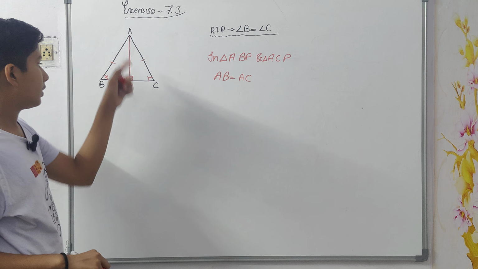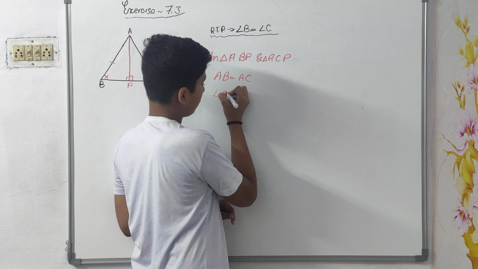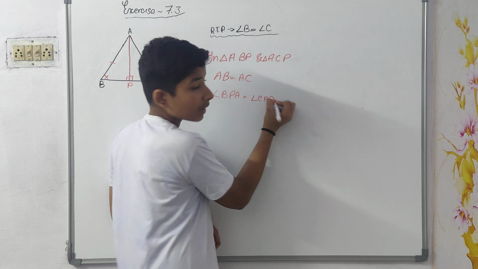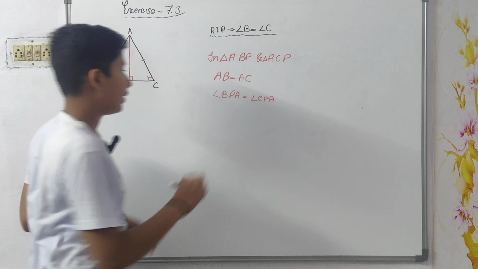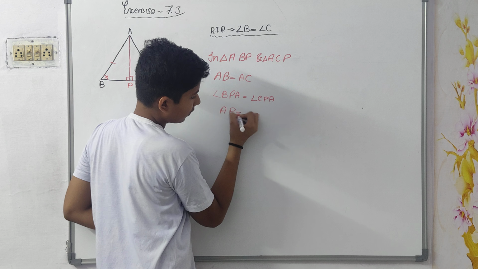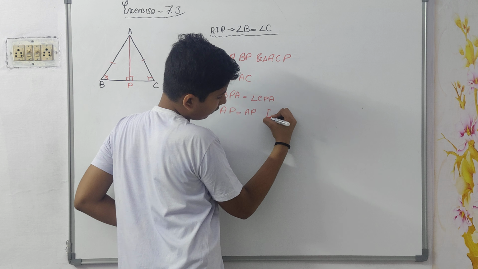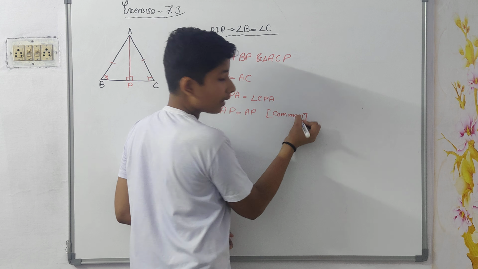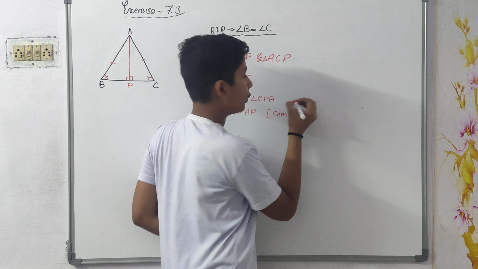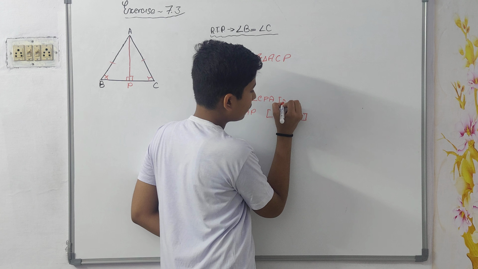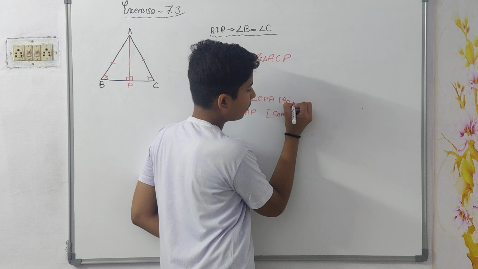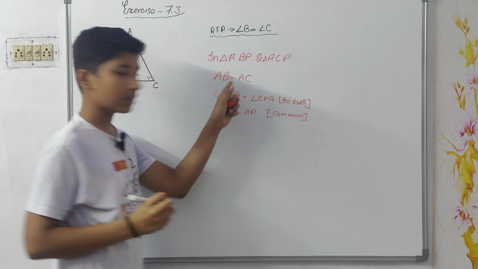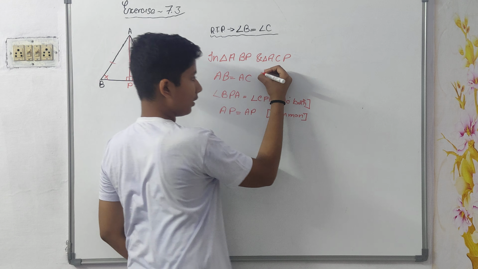Angle BPA equals angle CPA. And at last, AP equals AP. So in this one we write common, and this one we all know that it is 90 degrees both. And at last AB equals AC, this is given.